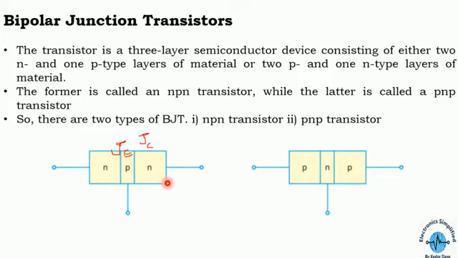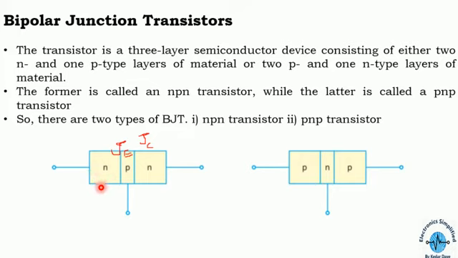So for this doping level, or we can say the impurities also, the doping level of all three regions is different. First we will consider this emitter region. This one is called the emitter region.